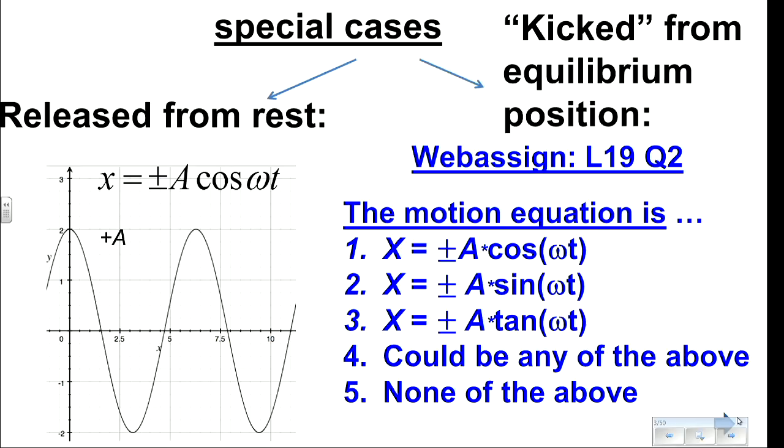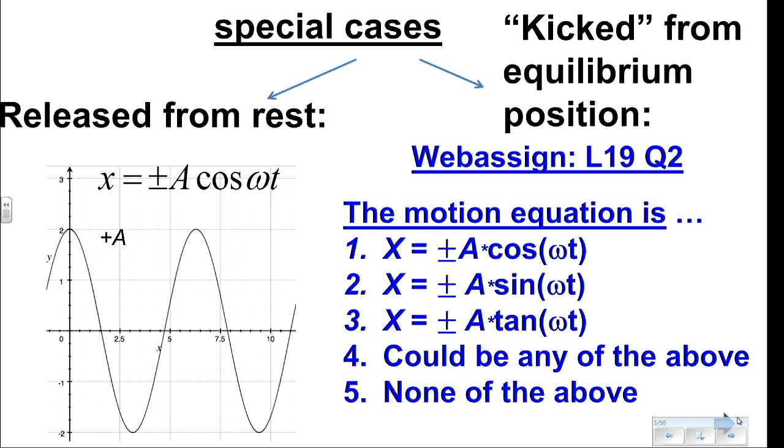That means we did this. We start a stopwatch, and at the same time, when the object is at the equilibrium location, we kick it. And it starts moving. So again, periodic motion with the same period, the same frequency, the same angular frequency, and if we're accurate enough, maybe even with the same amplitude.